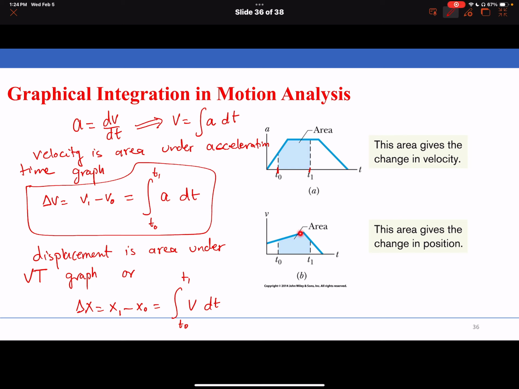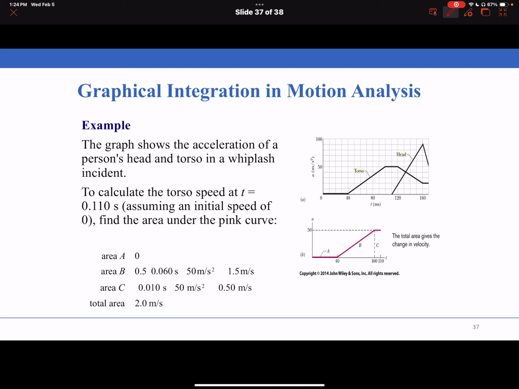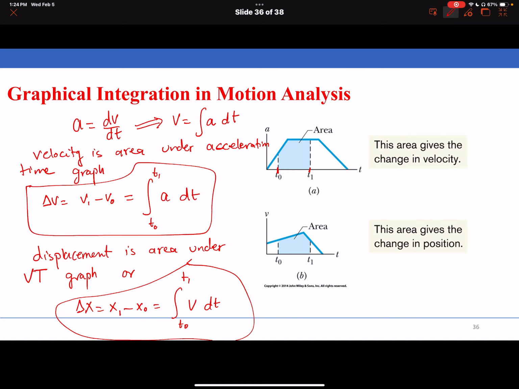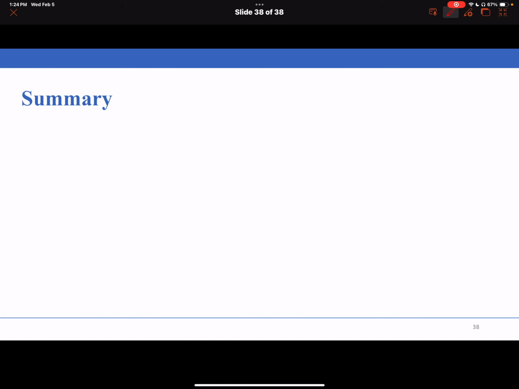Or if a graph is given to you, just calculate the area under the graph, and that will give you displacement. The first one we usually don't deal with, non-uniform accelerations. I will leave this solved example in there so you can see how area under the curve is calculated. Let me talk about one example on the side, just as an FYI.